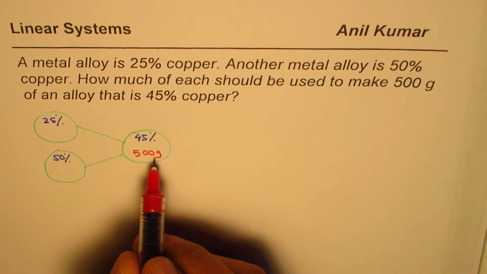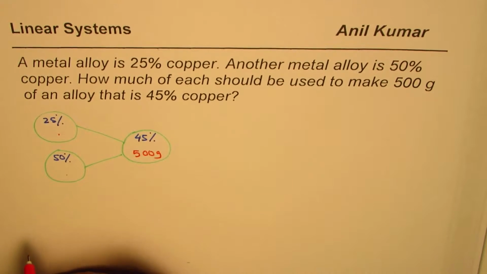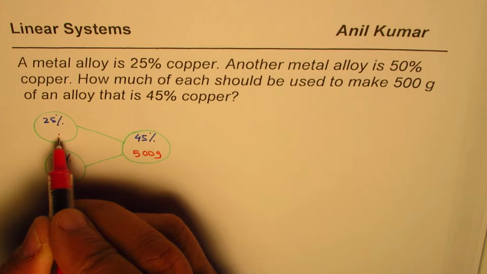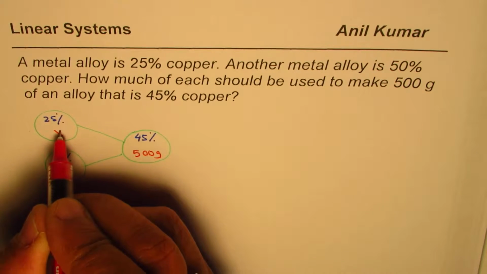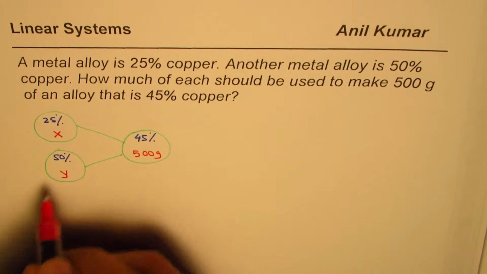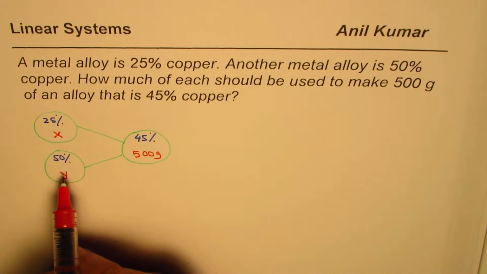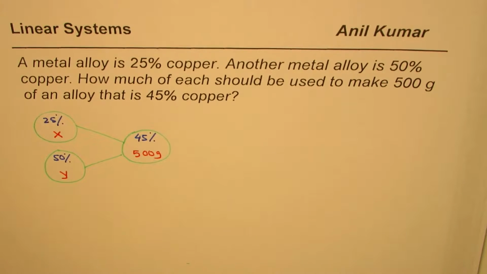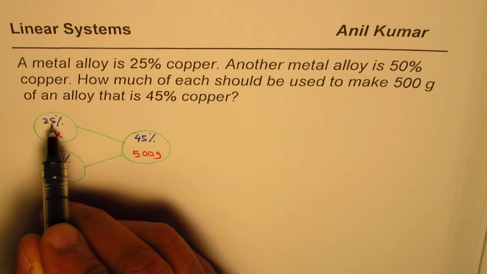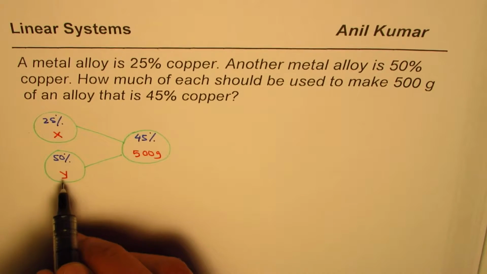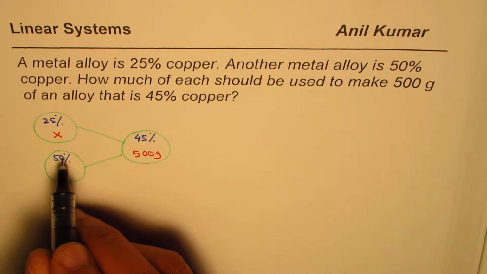Now to get 500 grams, this total should be 500, right? But we don't know exactly how much. So we use X here and Y, correct? So clearly that gives you one kind of an equation. So we can write our first equation. We say X grams of 25% copper and Y grams of 50% copper.